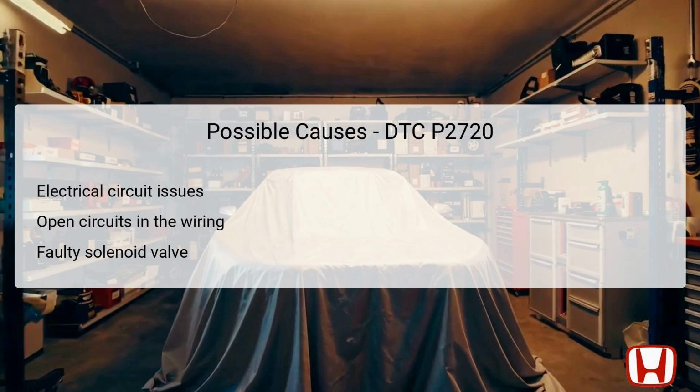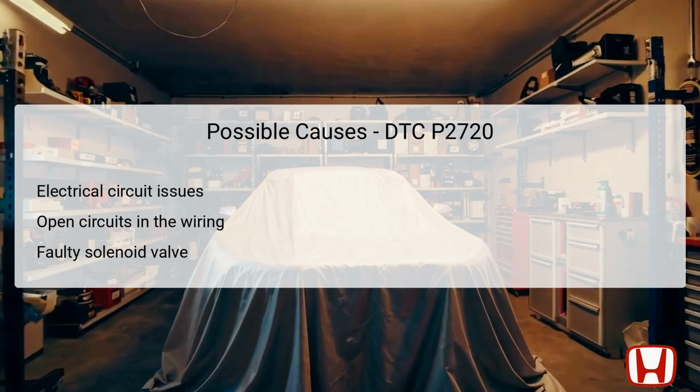Several issues could result in the DTC P2720, primarily stemming from electrical circuit problems rather than mechanical failures. First, an electrical circuit issue can arise due to damaged wiring or poor connections, which can inhibit the solenoid from receiving the correct voltage.